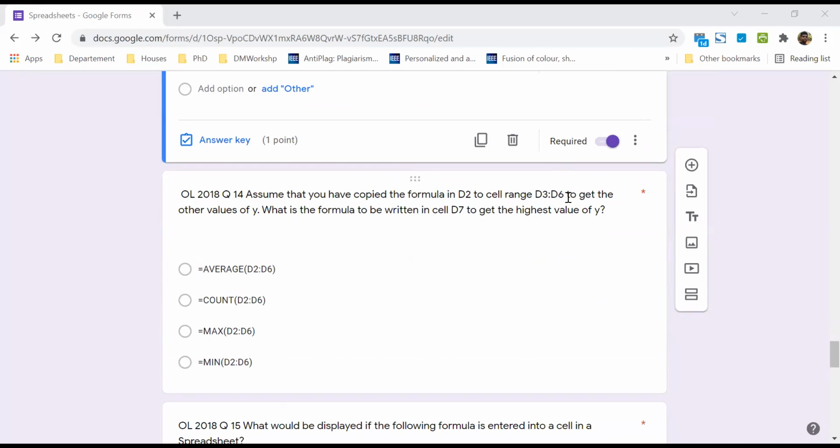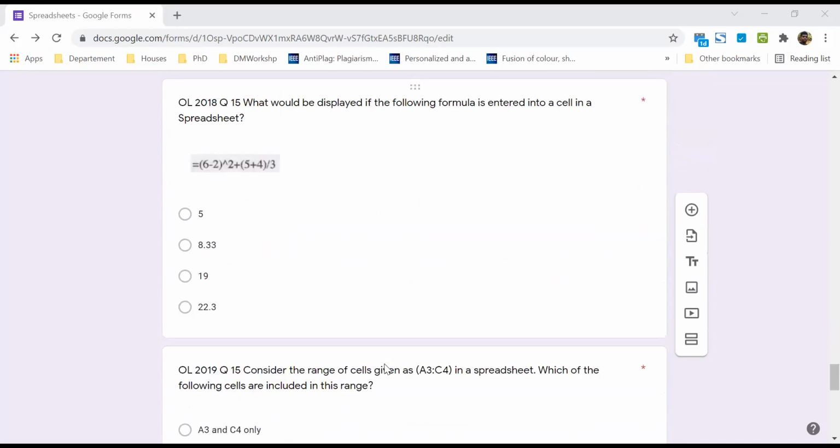Now the question asks, what should be written in D7 so that we get the highest value? So that was the easy one. Getting the highest value means MAX. You can say D2 to D6. So that is actually correct about 85% of the time. Okay, so the next one.